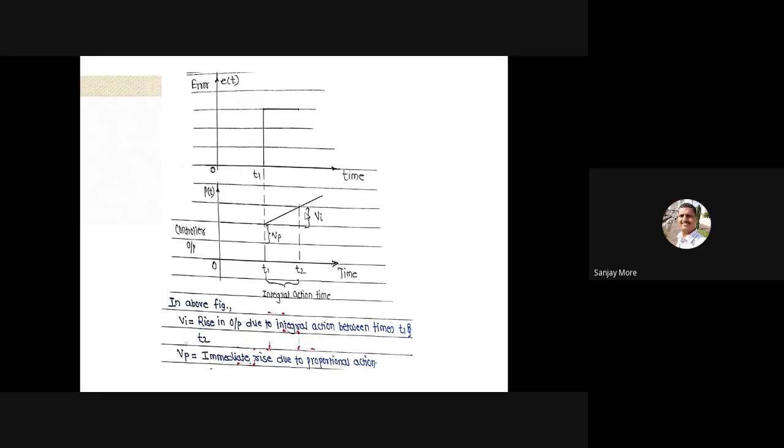The integral time will be the change from T1 to T2. Vi means the rise in output due to the integral action between T1 and T2, and Vp is the immediate rise due to proportional action.